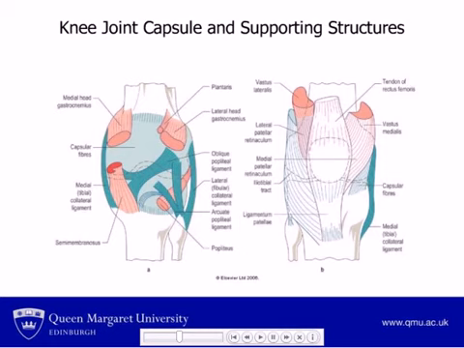The membrane attaches to the edges of the patella and the menisci, and it also has infoldings, enabling it to wrap around the cruciate ligaments and the infrapatellar fat pad. So, take note, these structures are not actually within the synovial cavity, but they are intracapsular. The knee joint cavity actually extends up under vastus intermedius, known as the suprapatellar bursa.